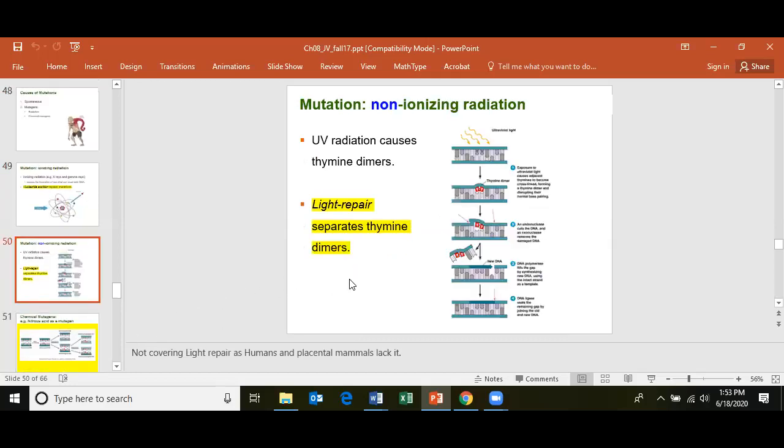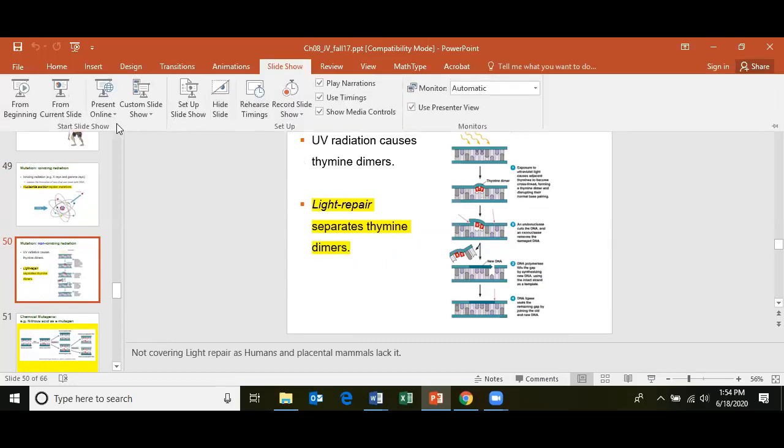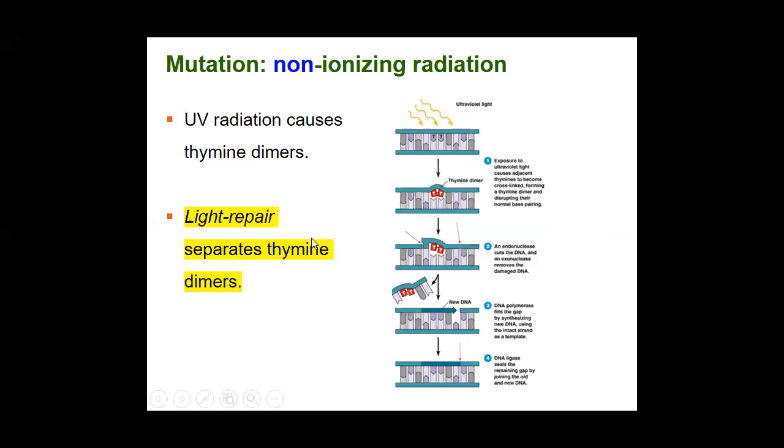Another way that radiation can cause mutation is by non-ionizing radiation, and that is UV light or UV radiation. When UV light strikes DNA, it creates a covalent bond between two thymines.